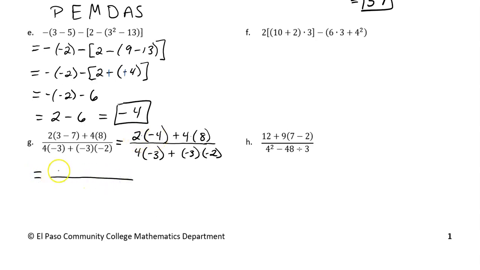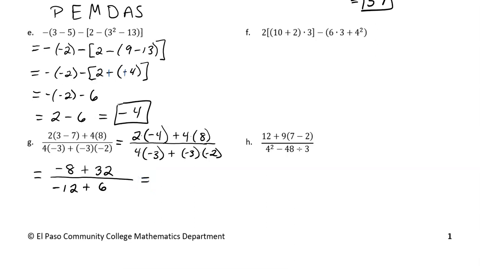I'm going to do 2 times negative 4, well, that's negative 8, plus, we can maybe do these all at once, 4 times 8 is 32. 4 times negative 3 is a negative 12, plus negative 3 times negative 2, well, negative times a negative is positive, 3 times 2 is 6. Again, each step, making it look nicer, making it look a little bit more manageable, right? It's not so cluttered, you might say.